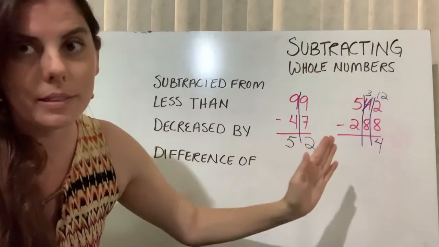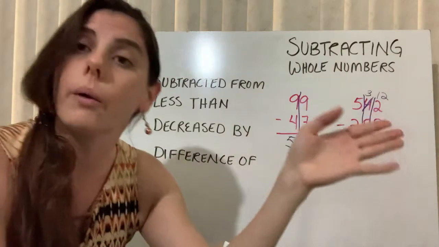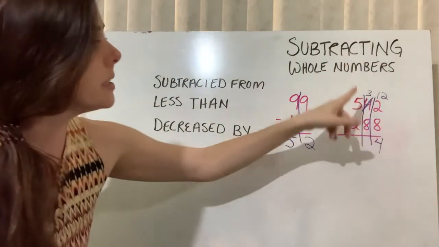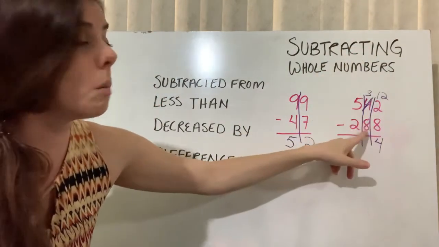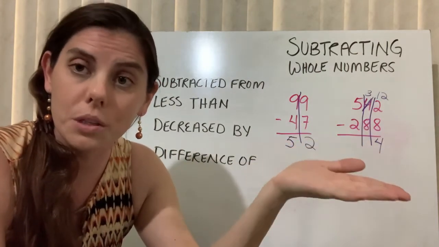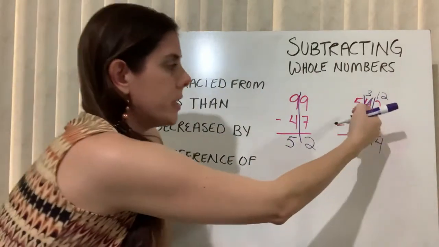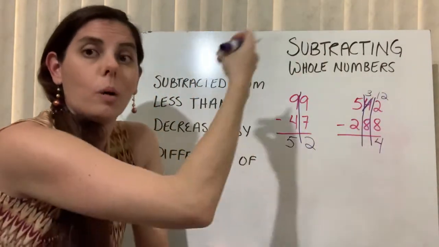Let's move on to the tens place. Now we have 3 minus 8. We have to do it again, because this 3 is smaller than the 8. We can't take 8 from 3. So we're going to borrow again. This time, since we're in the tens place, we're going to borrow 100.